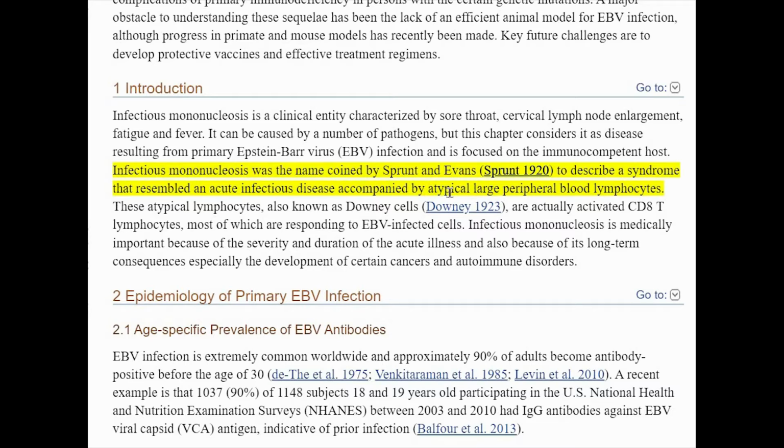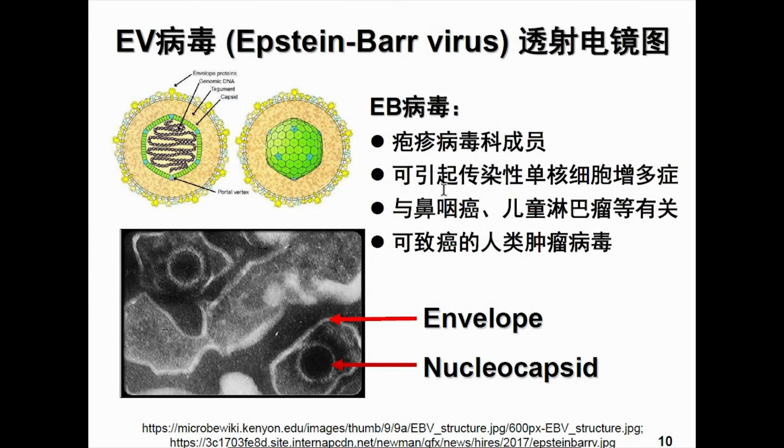It normally infects large atypical peripheral blood lymphocytes. A lymphocyte is a type of WBC, white blood cell, which works for our immunity. It affects the lymphocyte, causing carcinoma and lymphoma. It also causes nasopharyngeal cancer, something like that.